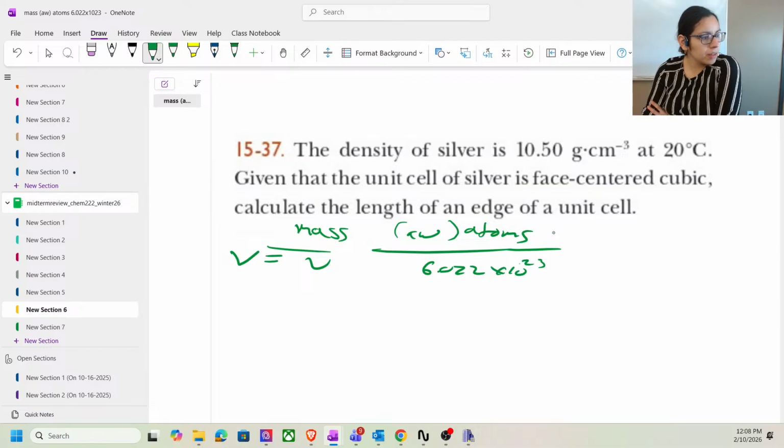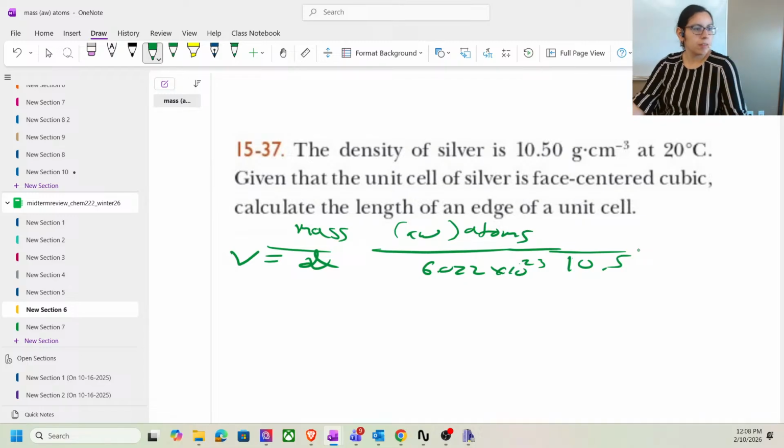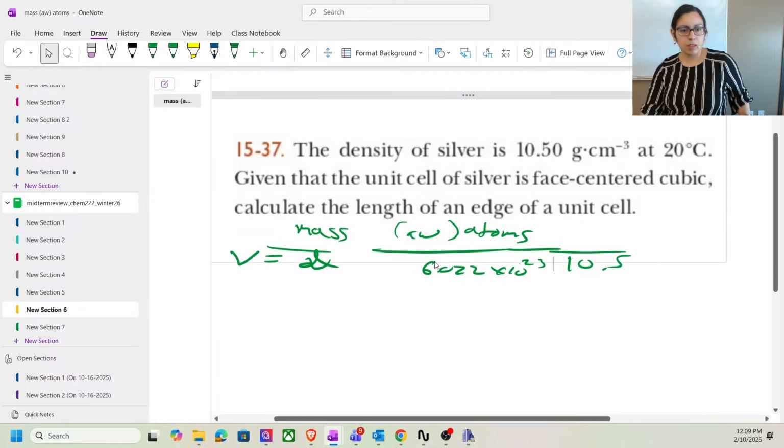And then divided by our volume. Sorry, or mass over density. So that looks good.